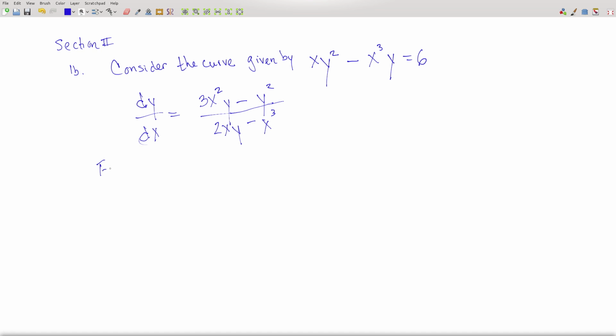It asks us to find all points on the curve whose x-coordinate is 1.